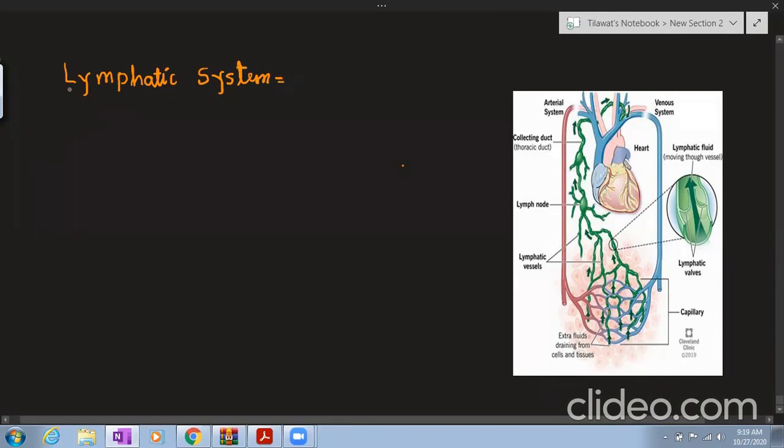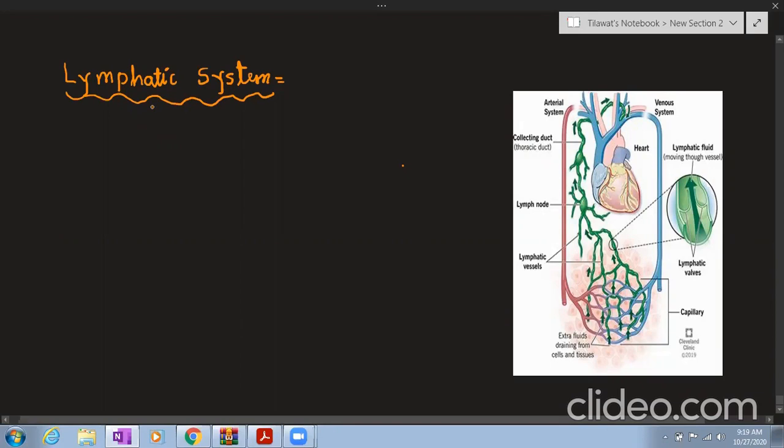What is actually the lymphatic system? The lymphatic system is another transport system in the human body that transports the liquid, the plasma portion, that comes out from your blood.